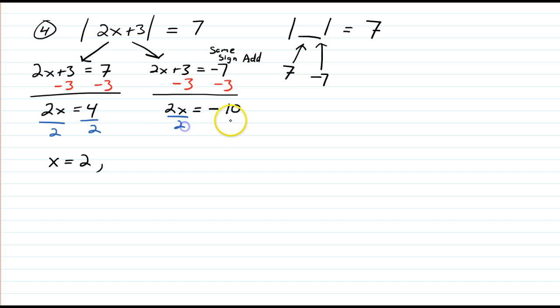Now we divide by 2. And we get x equals negative 10 divided by 2, which is negative 5. So if you were to take that negative 5 and plug it back in, you would get positive 7. Same thing with the 2. So try 4b on your own. The absolute value of 2x minus 1 is equal to 5.